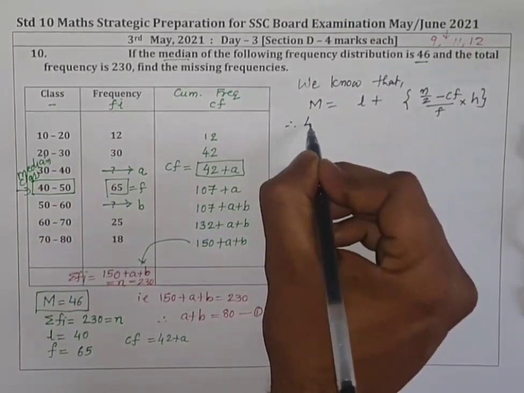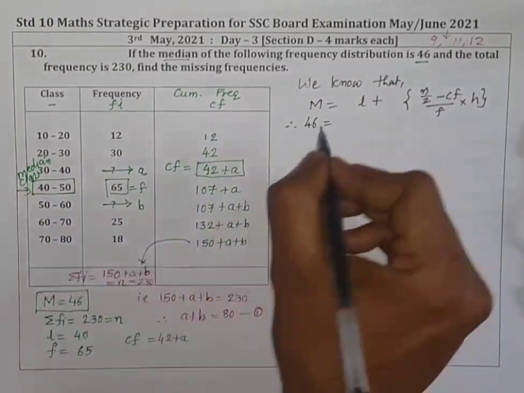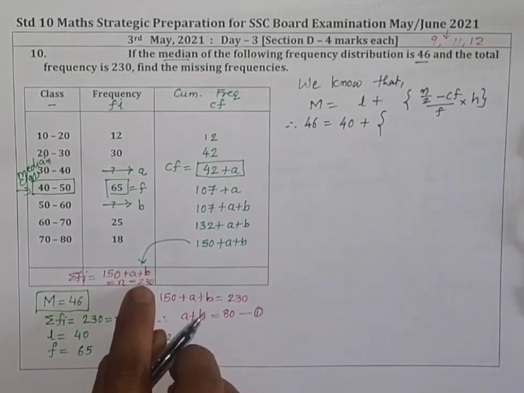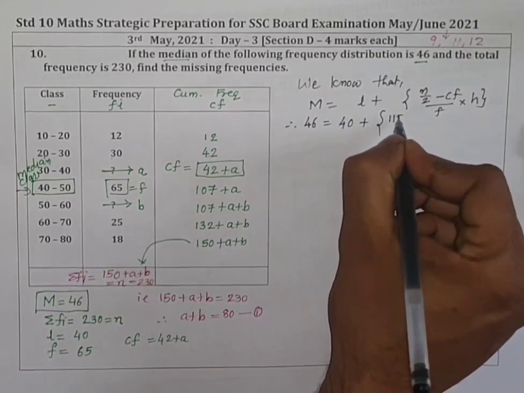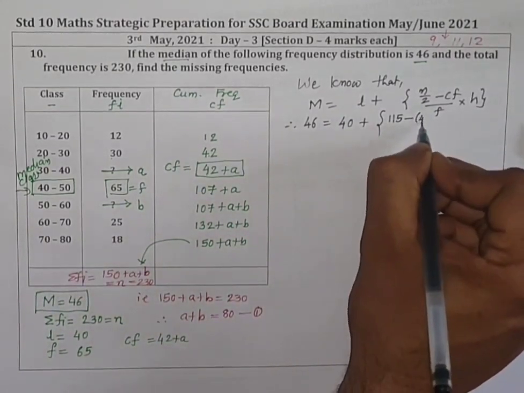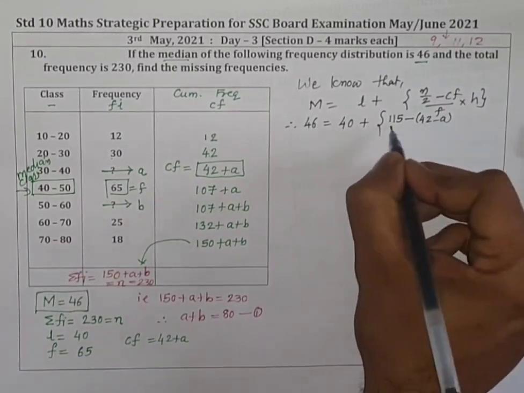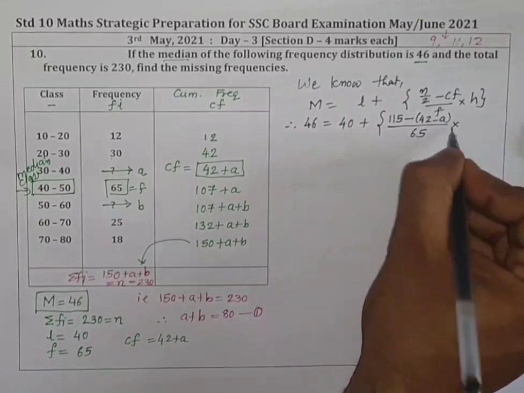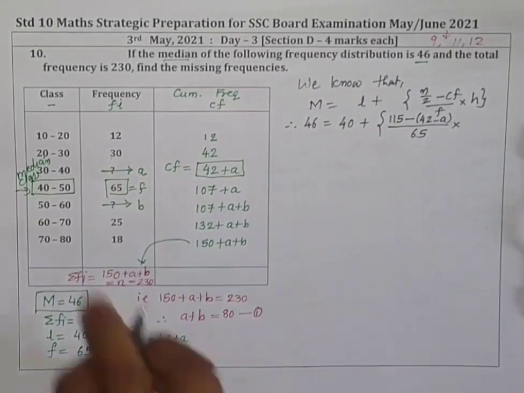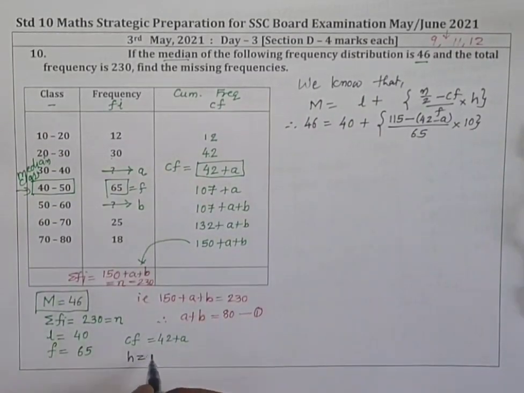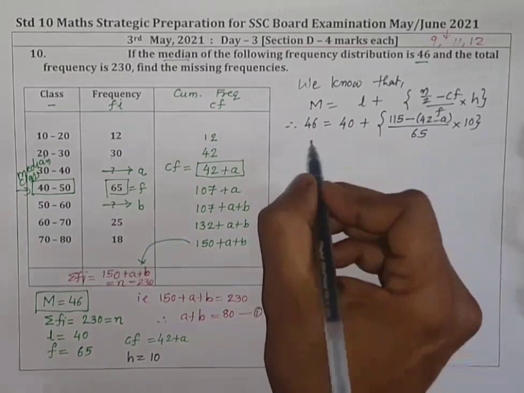That is 46 is equal to L, which is 40, plus n by 2. N is 230, if you divide, it is 115, minus cumulative frequency, that is 42 plus A, whole upon frequency, that is 65, into class height, which is 10. Class height is 10.